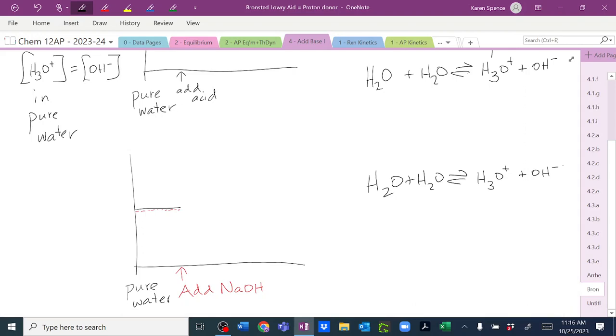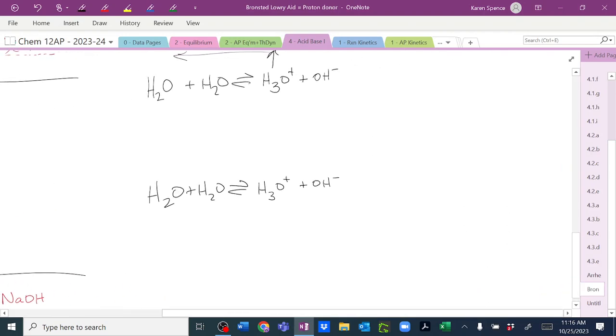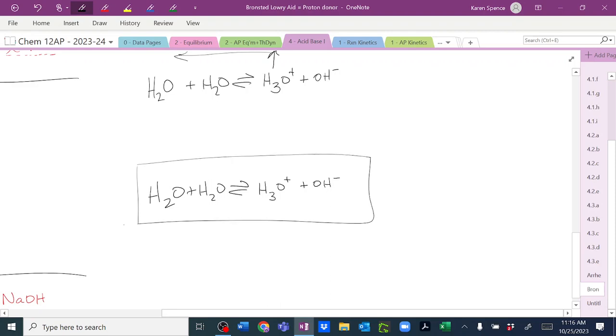In pure water, what you have is water reacting with water. Every time you make one hydronium, you make one hydroxide. Equal. So that's what we have when we have pure water, 1-to-1. H3O plus is equal to OH minus.